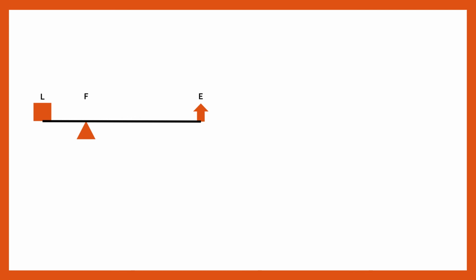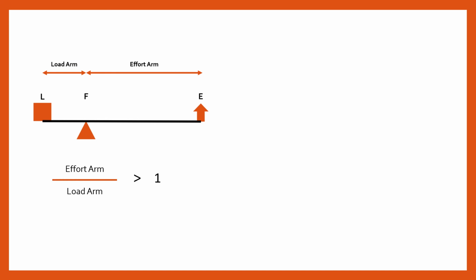So here's the key teaching point for the session. Here's a first class lever. We know it's a first class lever because it's got the fulcrum in the center. The fulcrum in this example is much closer to the load than to the effort. Therefore, in this case, the load arm is shorter than the effort arm. So using our equation that we've just seen, if we divide the length of the effort arm by the length of the load arm, we're going to get a number that is greater than 1.